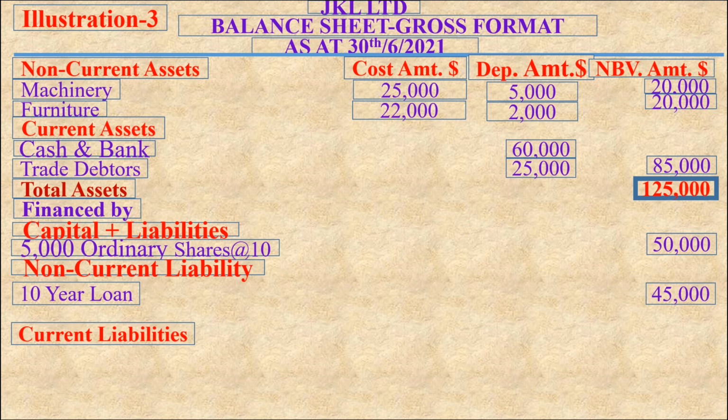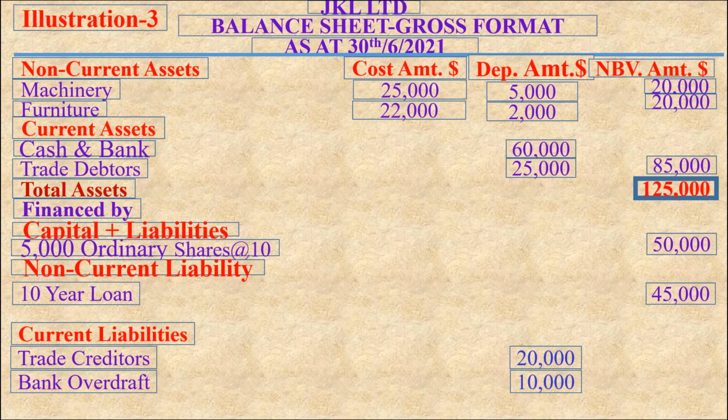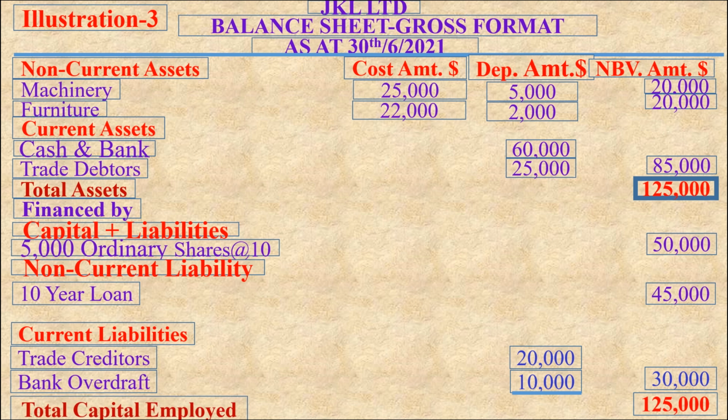And then we look at current liabilities, whereby we had trade creditors amounting to 20,000, and then we have got a bank overdraft of 10,000. This gives us a total of 30,000, and when you add the totals again, you get a total of 125,000, and that figure there represents total capital employed.